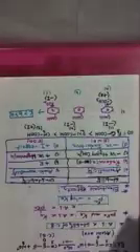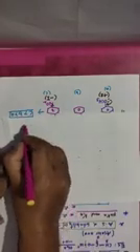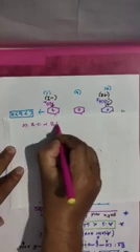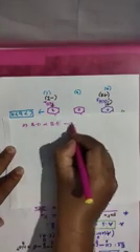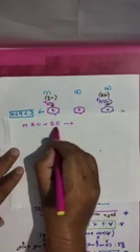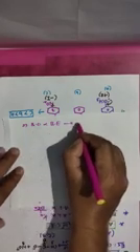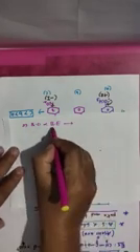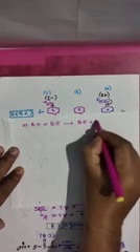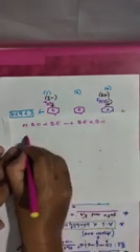And what is the use of bond order? Bond order is directly proportional to bond energy. If you know the bond order, bond energy is also easy. More the bond order, more will be the bond energy.